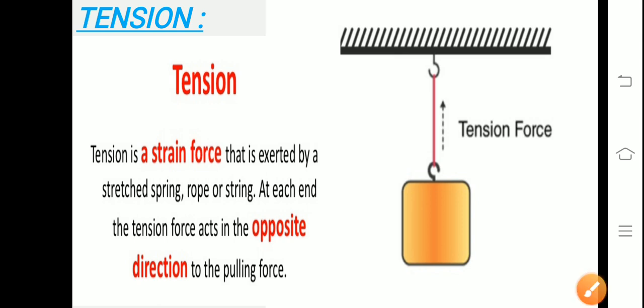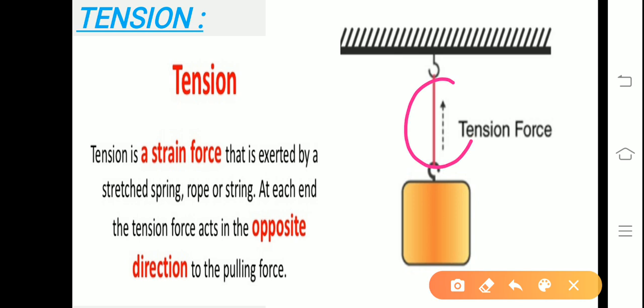Here you observe the tension force. The force exerted by the string or rope or spring, called what? Tension force. When you hang anything, then the string or rope can feel the tension force.